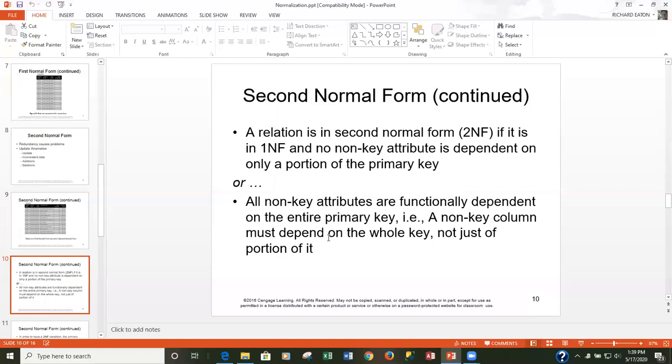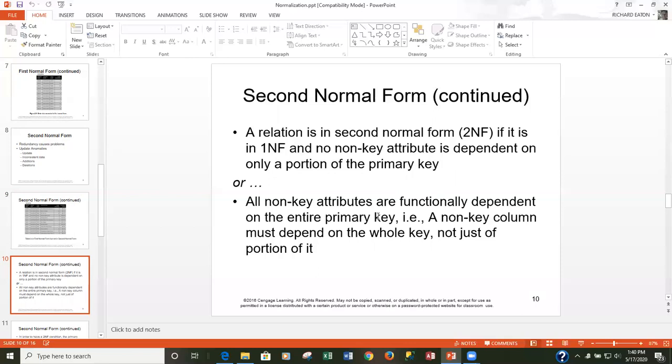This particular problem can only happen when you have a compound primary key. If you don't have a compound primary key, then you couldn't have a second normal form violation. So you could move on to looking at third normal form violations. But in our TAL database, we certainly do have a compound primary key in our order line table.